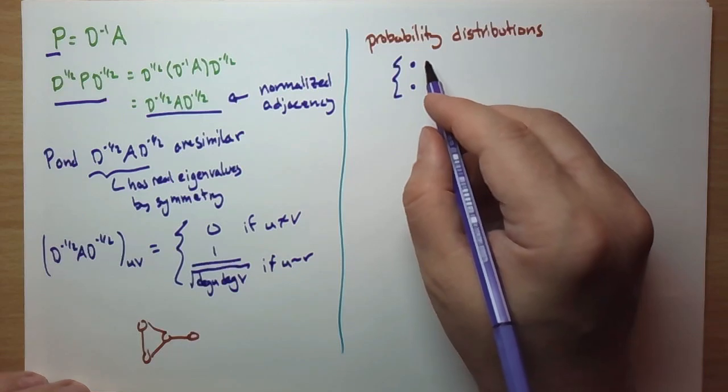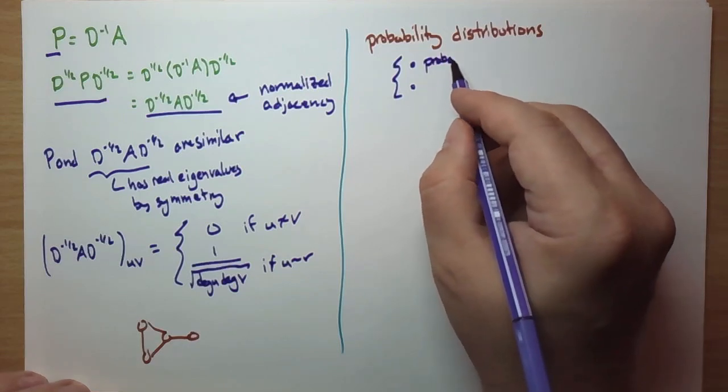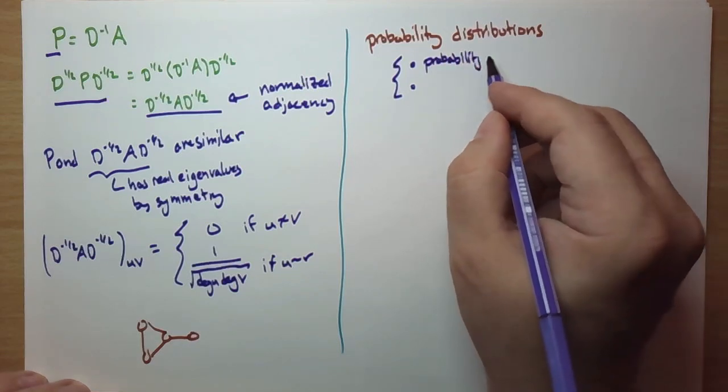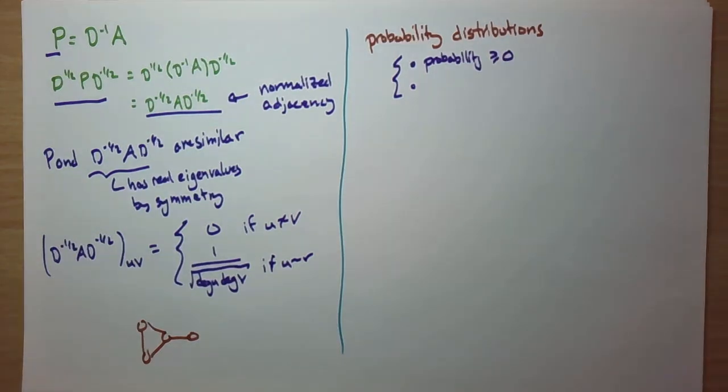So all probabilities have to be greater than or equal to 0. I can't have a negative probability of being at a certain place, like a negative 1/4 chance that I'm at that vertex. That doesn't make any sense. I can have a 0% chance of being at a vertex, that's certainly true, but I can't have a negative chance.